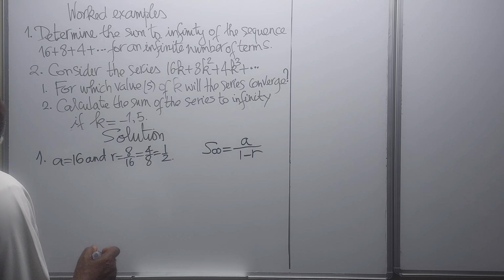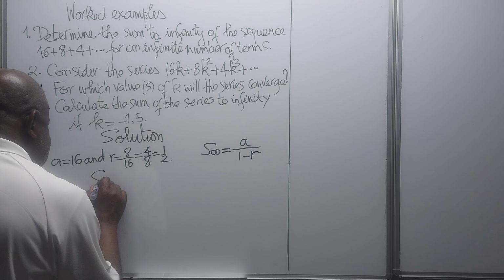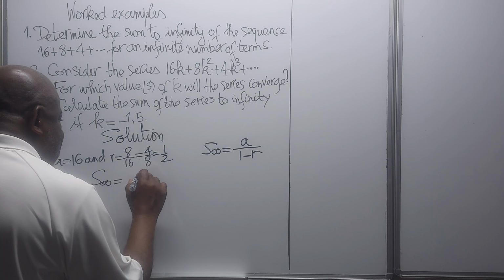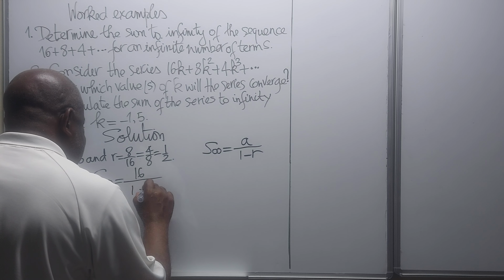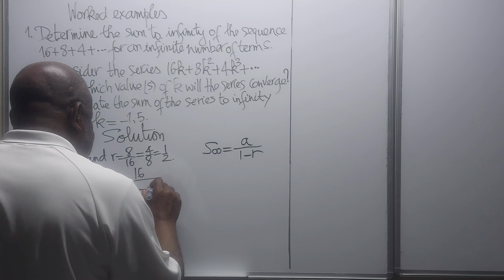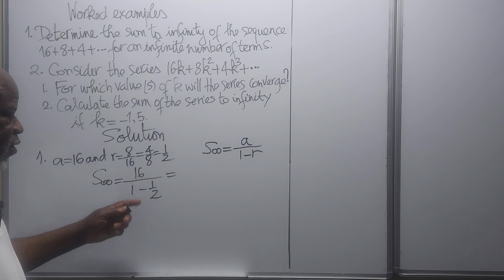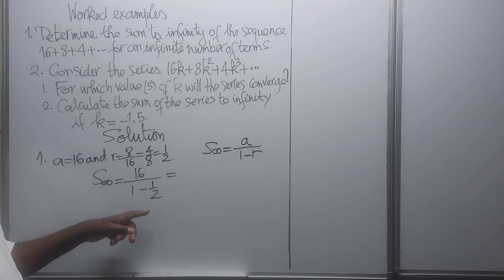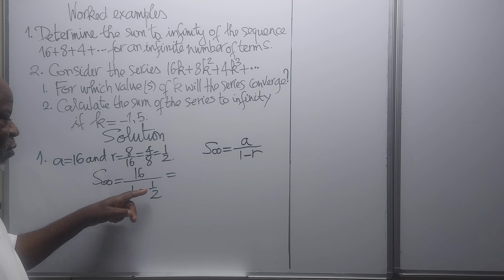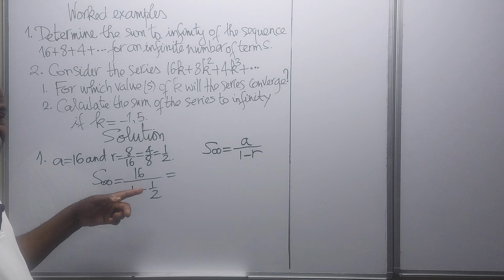So now we can determine the sum to infinity. Sum to infinity will be equal to A, which is 16, over 1 minus the common ratio, which is 1 over 2. So at the denominator we have 1 minus 1 over 2, which gives us 1 over 2. 16 over 1 over 2 will be equal to 16 times 2.